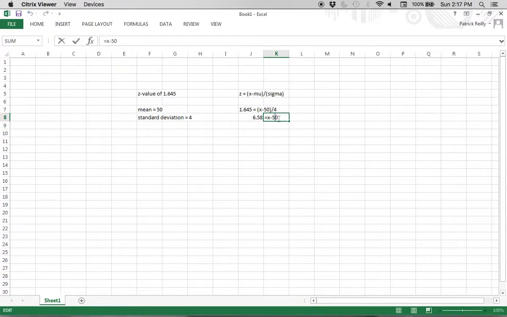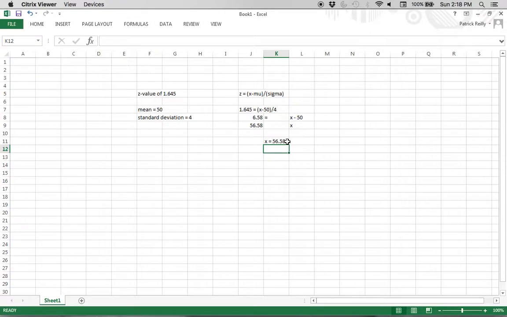So these two are equal to each other. And then we add 50 to both sides to find x, right? So 6.58 plus 50 is 56.58. So x equals 56.58.